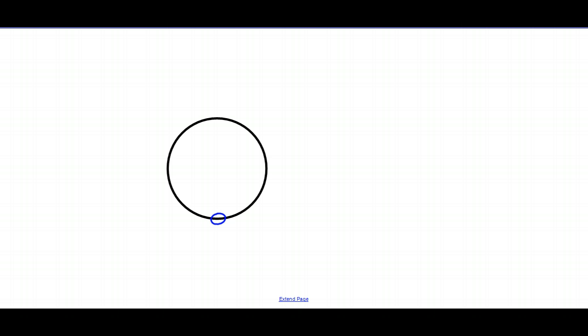Now let's take a look at an example to make a little bit more sense of this. So let's imagine a yo-yo traveling in a circle of radius r, and let's imagine that the yo-yo is at the very bottom of its path. If I were to draw a free body diagram of this yo-yo at the bottom of its path, it would have a tension force from the string up, and it would have a gravity force of mg going down. Now I know that at the bottom of my yo-yo's path, my acceleration is up, so that means that tension must be greater than mg, or my weight force.